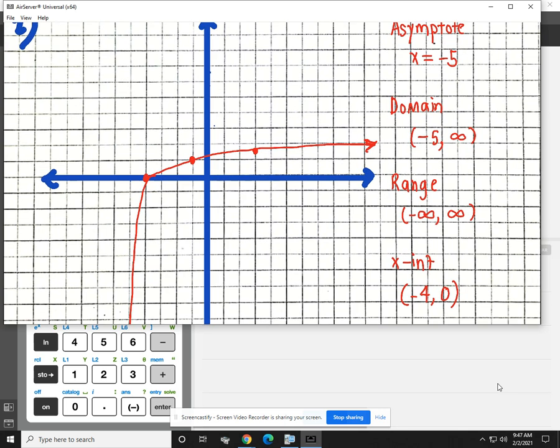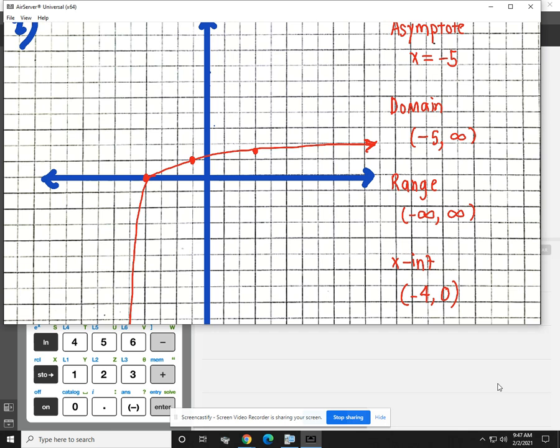Absolutely it did. So your asymptote moved over to x equals negative 5. That affected your domain, right? If your asymptote moved over, your x values could be everything from negative 5 to infinity. And of course, your range was unaffected, and your x-intercept was a nice one to find. So those are the only 2 that you were supposed to graph on your own paper, okay?